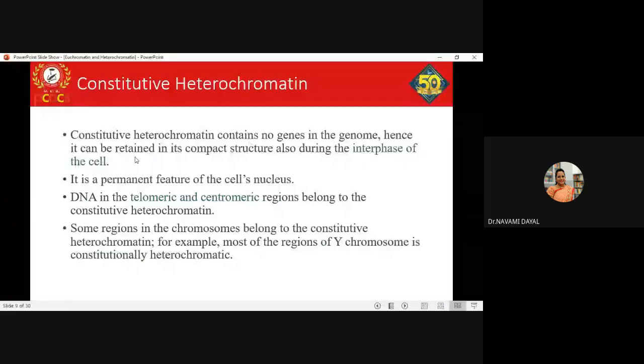Since it contains no genes, even if it is in its compact form, it is fine. So it is a permanent feature of the cell's nucleus.